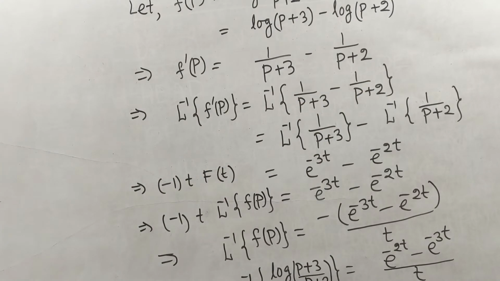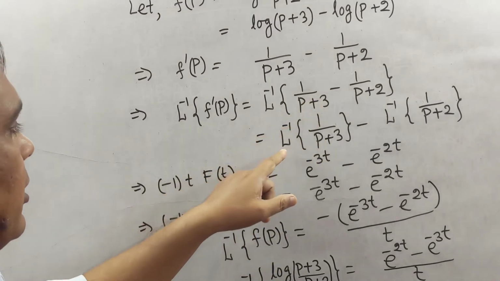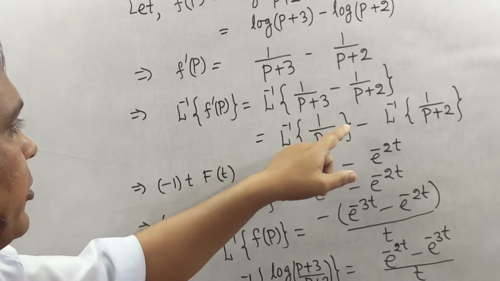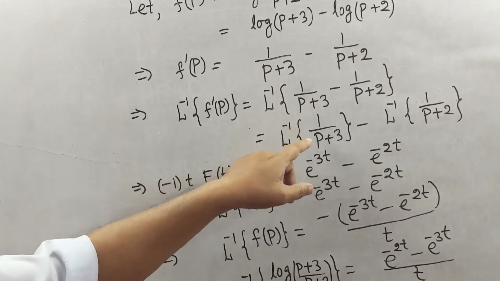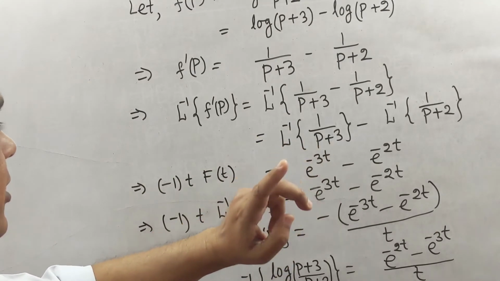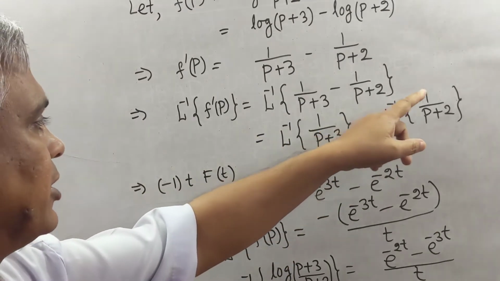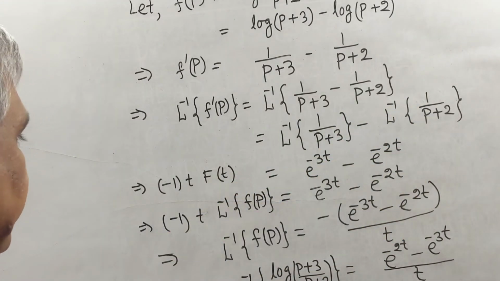Since inverse Laplace transformation is a linear transformation, we may take the inverse Laplace transformation of individual terms. L inverse 1/(p+3) is e to the power minus 3t, and L inverse 1/(p+2) is e to the power minus 2t.